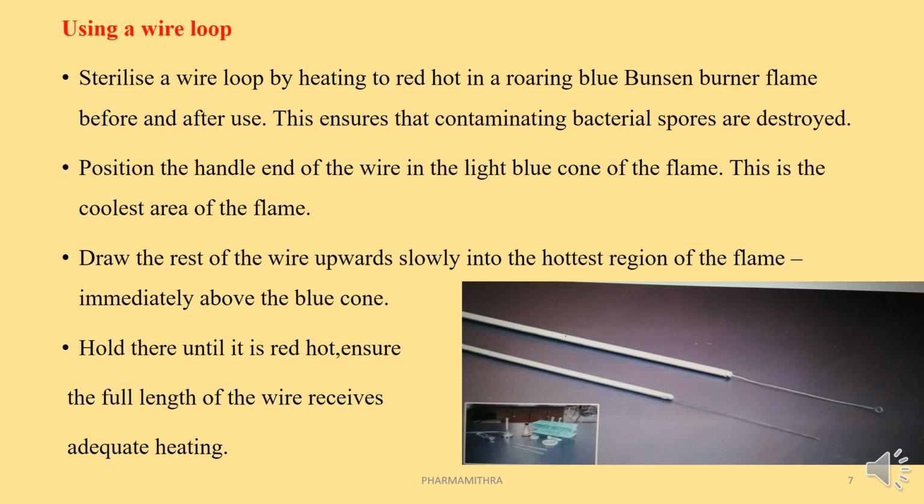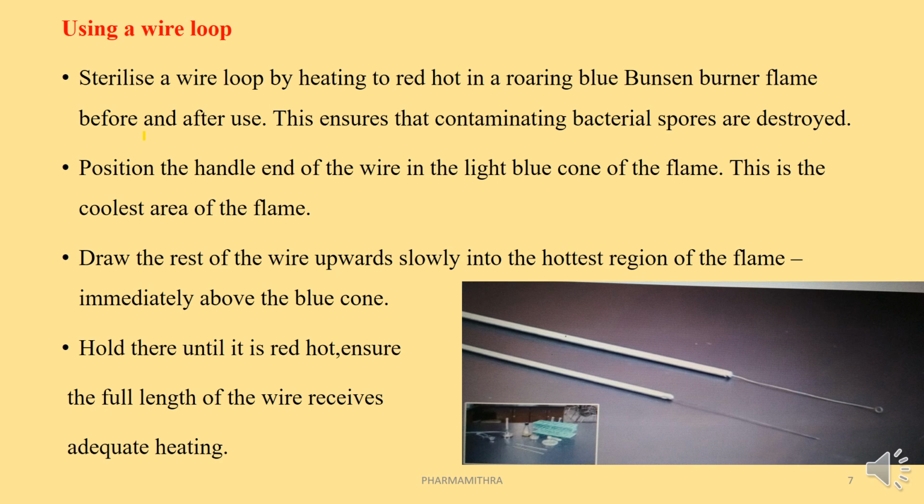First, we want to note that before using the wire loop for inoculation, we want to sterilize the wire loop by heating it to red hot in the Bunsen burner flame, before and after the use.